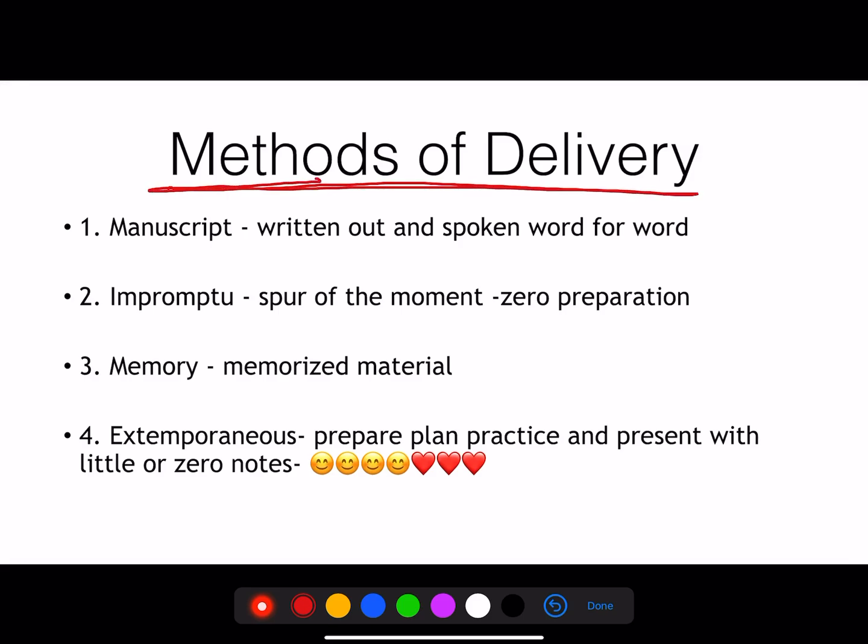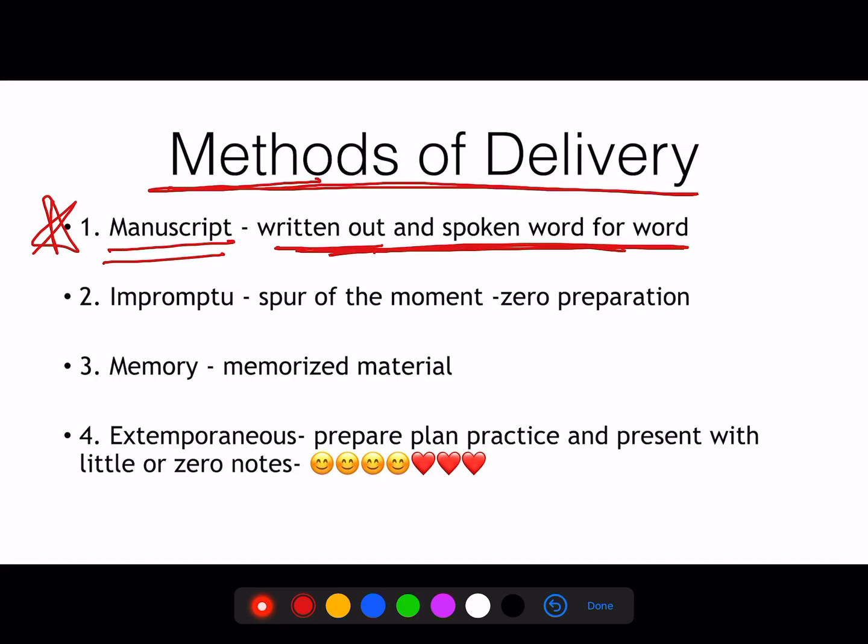The first method of delivery is manuscript. This is written out and spoken word for word. For example, like the Pope reading the proclamation of the Catholic Church, accuracy usurps eye contact. So that is a particular delivery method that is used.